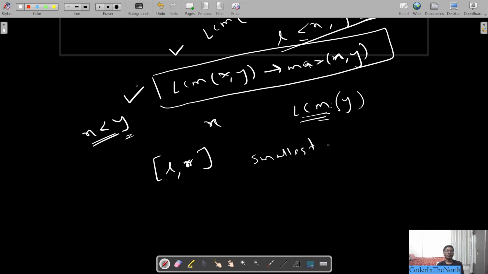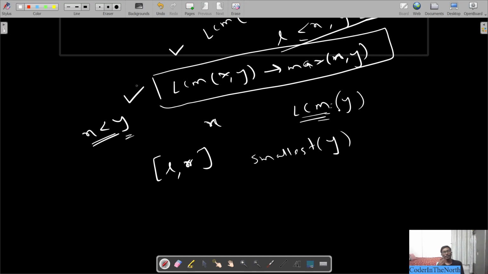What will be the smallest y we can find? If we have to find a number which is less than R, the best thing we can think of is, with that x, we have to find the smallest such y.